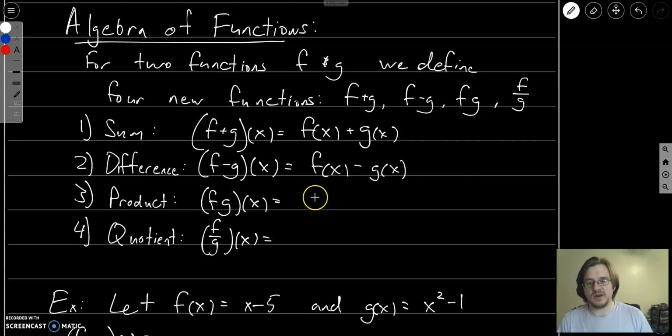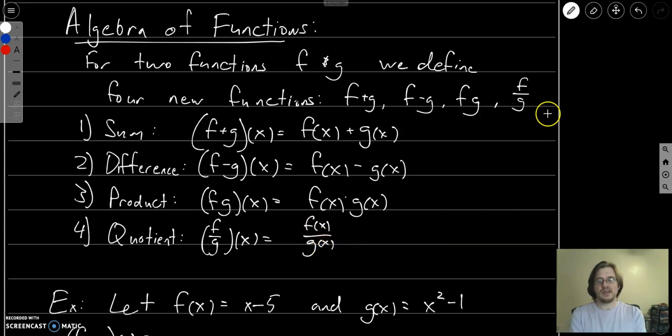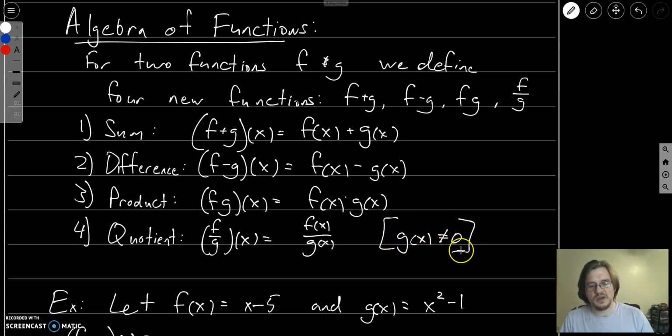If we want to take the product of 2 functions, it's again just multiply the 2 functions. And then finally, if you want to divide the 2 functions, it really is just dividing the functions. In this last case, we'll have to be a little bit careful. We don't want to divide by 0. So here we'll have to be a little bit careful when we're finding the domain of this function.